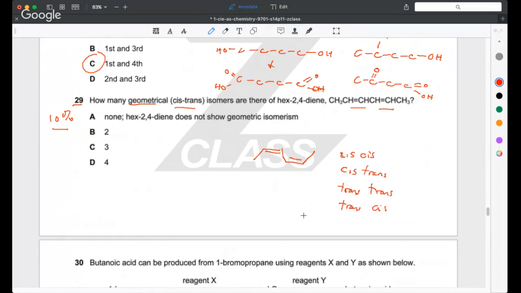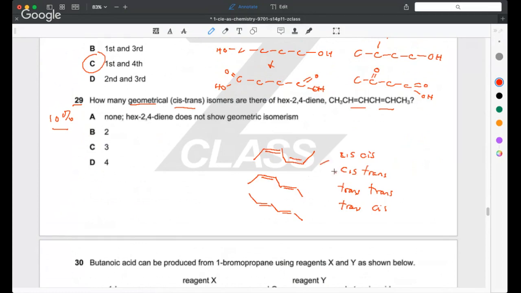Or the final possible permutation is trans and cis. And if you draw out all the skeletal formulae, what you find is, well, let's do them. So this is cis-cis. This is trans-trans. That's cis-trans.